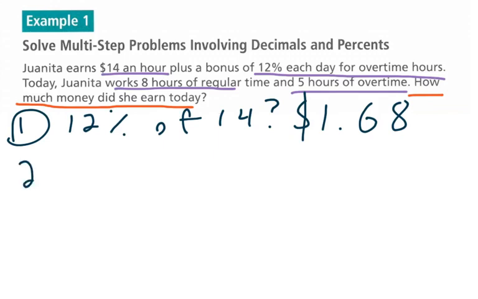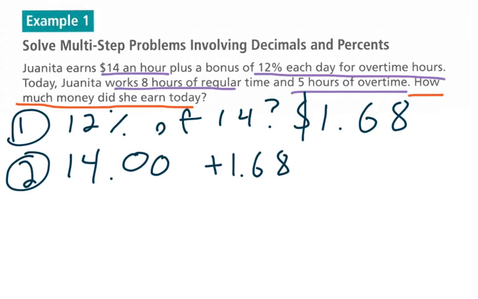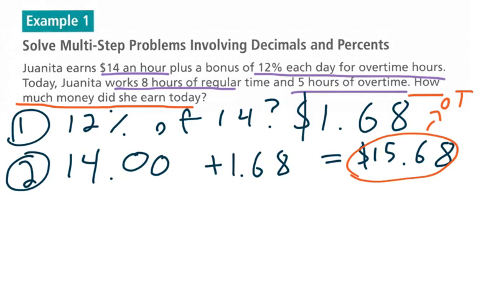So our next step, we are going to take what she is normally getting in an hour, and we're going to add this $1.68 bonus that she gets. So that gives us $15.68. So that is what she is getting for overtime, because she's getting what she normally makes for an hour plus 12%. So this rate right here, this is what she gets for an overtime hour. So I'm just going to put OT there.